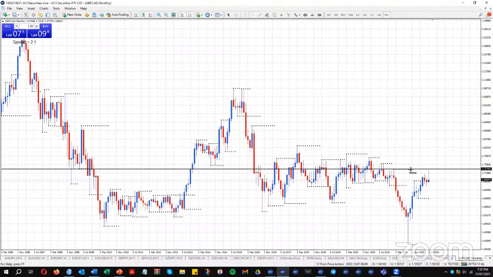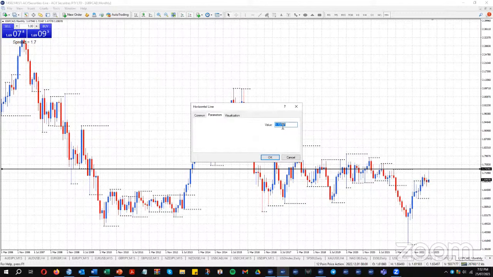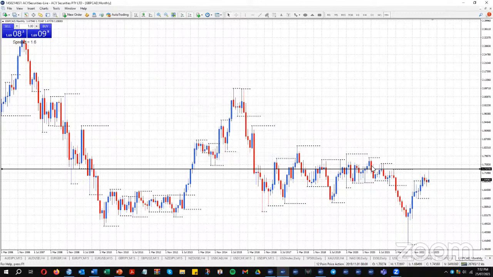Having a bit of rejection up here, a fraction short of monthly resistance there, 173.77. Now that monthly trend is up, but there's clear resistance there.